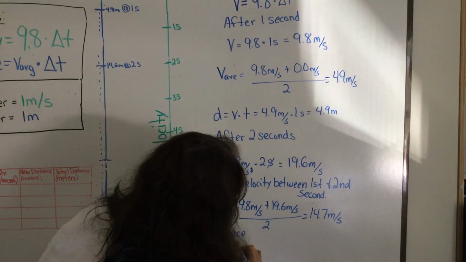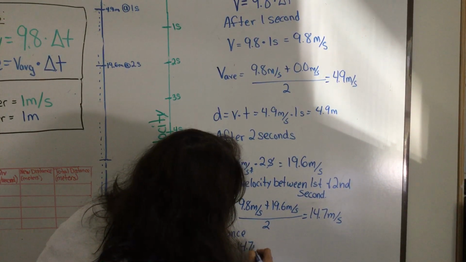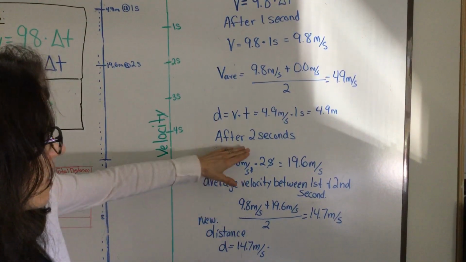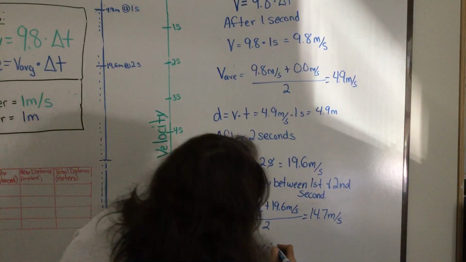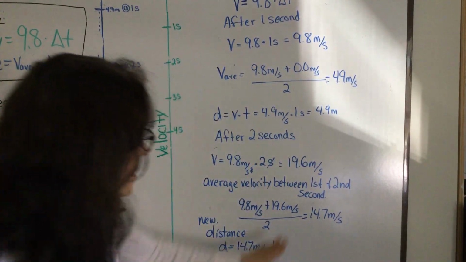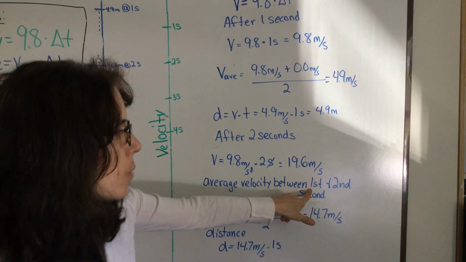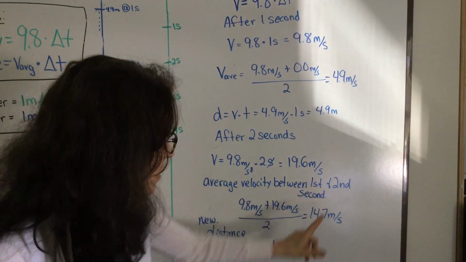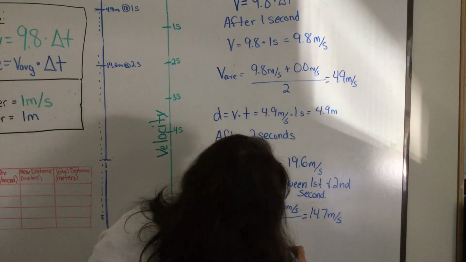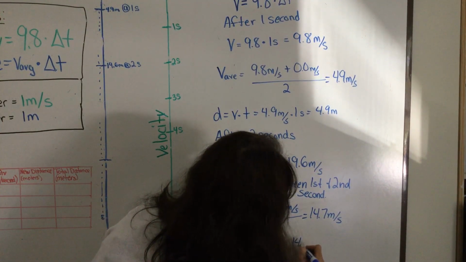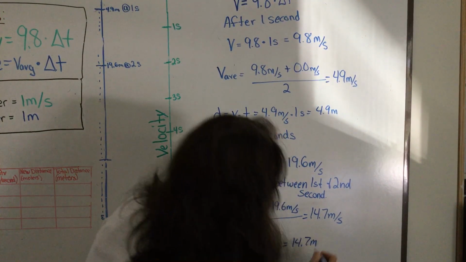So we're going to do 14.7 meters per second, and the length of time between the first and second is really just 1 second. Does that make sense? From second 1 to second 2, that's a time interval of just 1 second. So it will have fallen 14.7 meters.